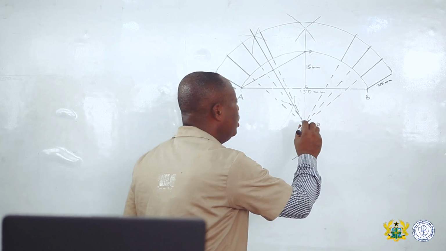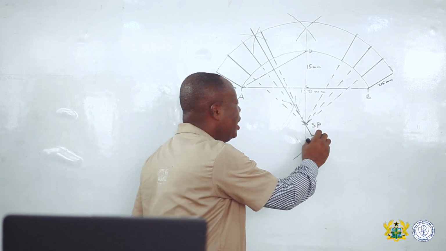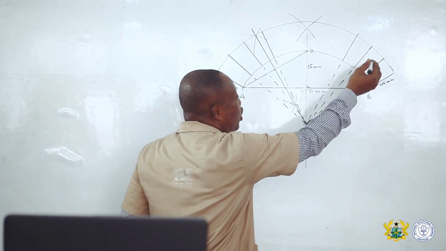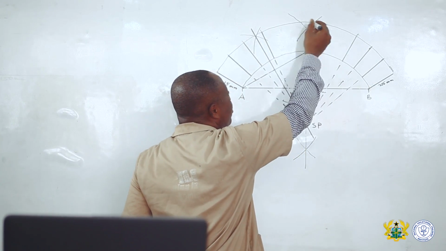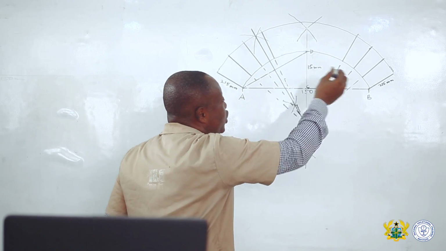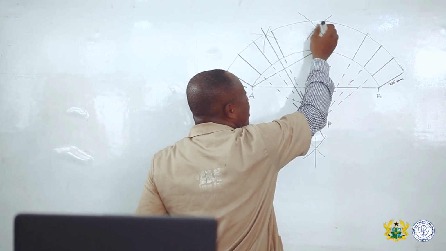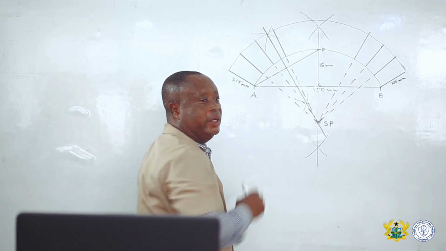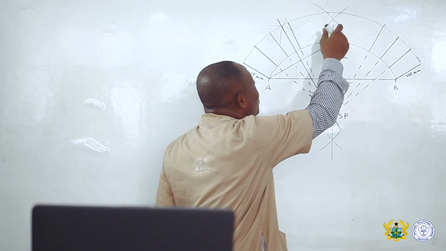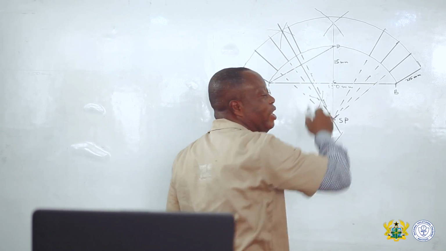With your striking point labeled as SP and your marking of your individual voussoirs using 65 millimeters, you continue until you reach the end. Can you try that on your own until you reach the end?